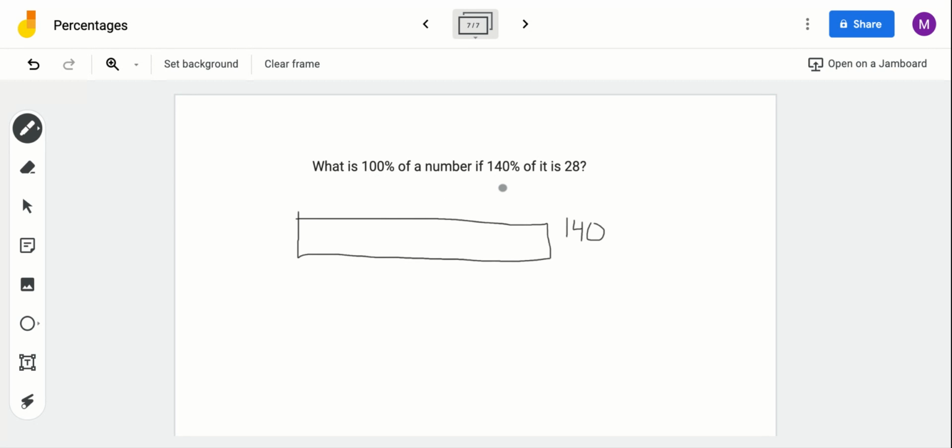So I'm going to want to break this up so that I can get back to 100%. Well, if I break this into 20%, I can go 140, 120, 100, 80. So I can break this up into 20%. And so what times 20 equals 140? 7 does. So I'm going to break this up into 7.